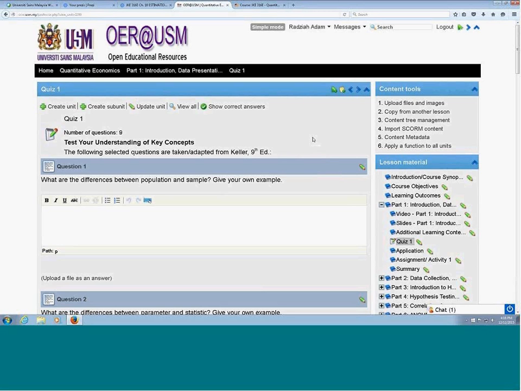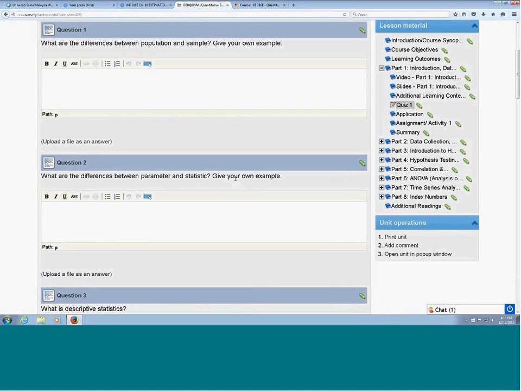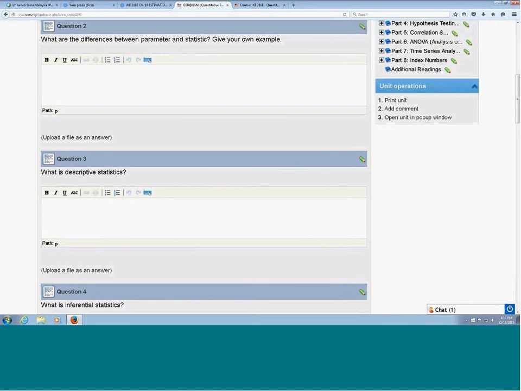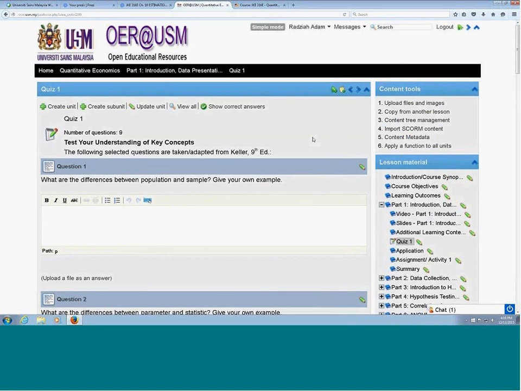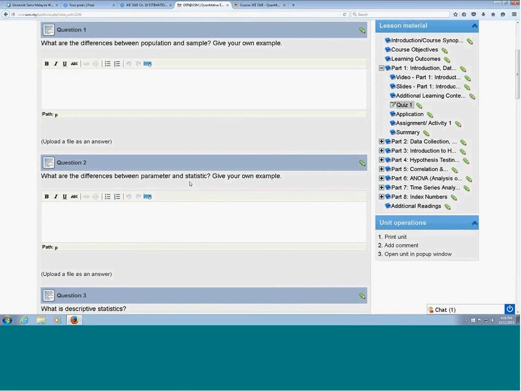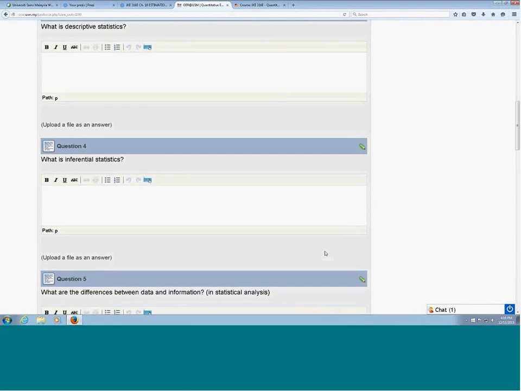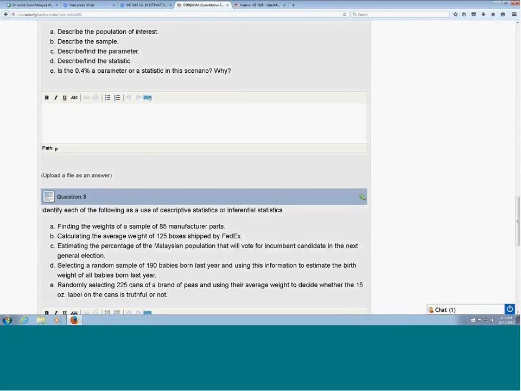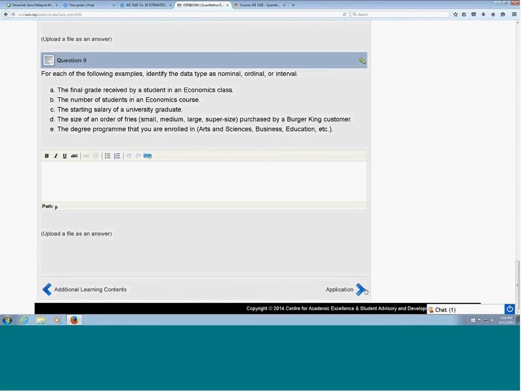And then you will have to answer 3 sets of calculation questions within 1.5 hours. So you answer these quiz questions. For PB, you will have the English as well as the Malay translation. So you have the quiz, you can answer this.